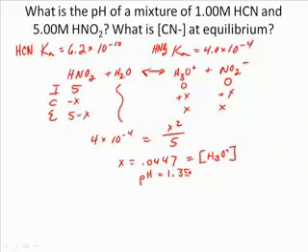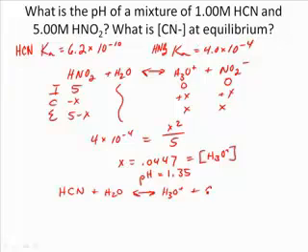Now, to answer the second question, what is the cyanide concentration at equilibrium? Here we are looking at the dissociation of the hydrocyanic acid. It's 1 molar here and no cyanide to begin with, but because we have another acid present, we have to consider the fact that there is a common ion.